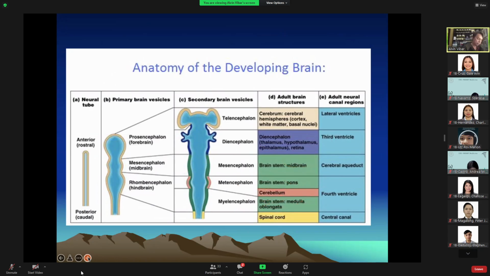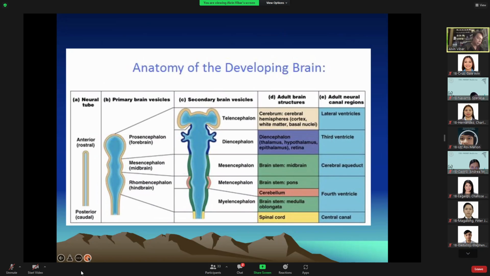I want you to remember that. When you say brainstem, brainstem is a collective term for midbrain, pons, and medulla oblongata. So brainstem is derived from mesen, meten, and myelen. But if you're asking specifically, midbrain, mesencephalon; pons, metencephalon; medulla oblongata, myelencephalon.